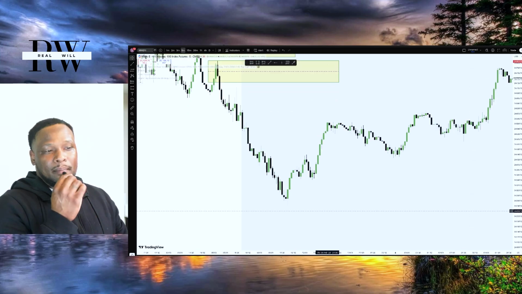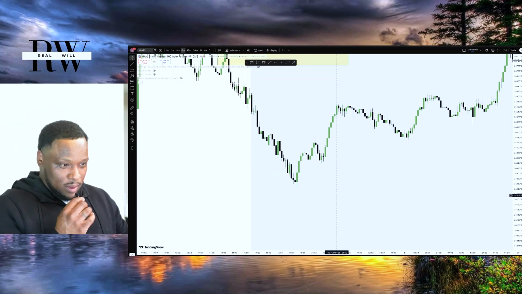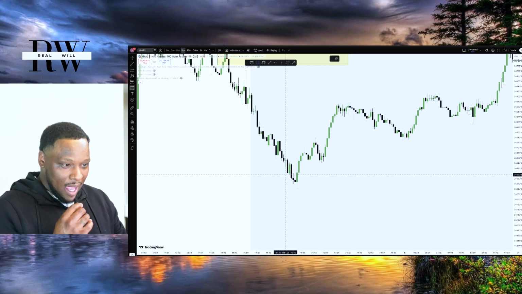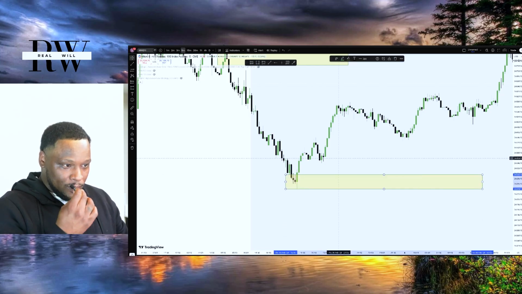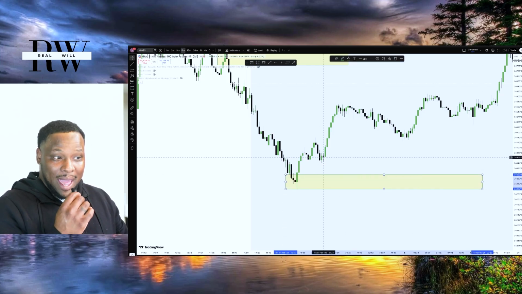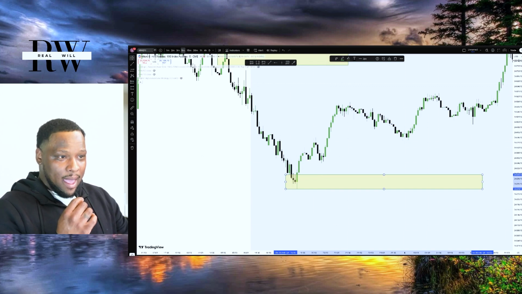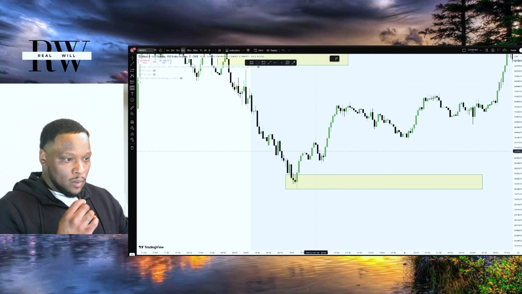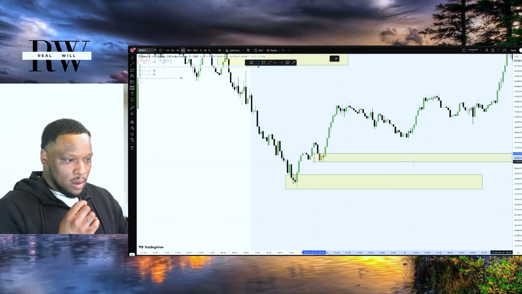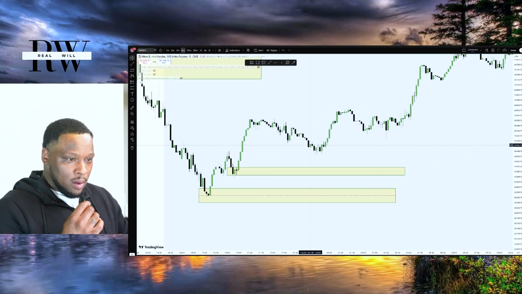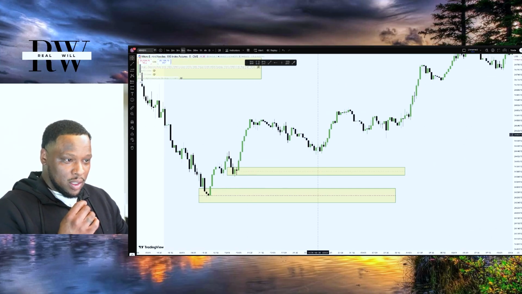All right, let's look at some demand zones. This is a good demand zone right here. Boom. Never came back down, but demand. You've got the black candle, push up, demand. Came back down, broke a structure.